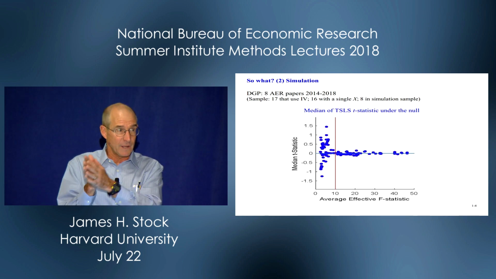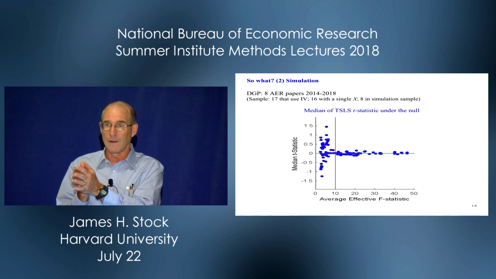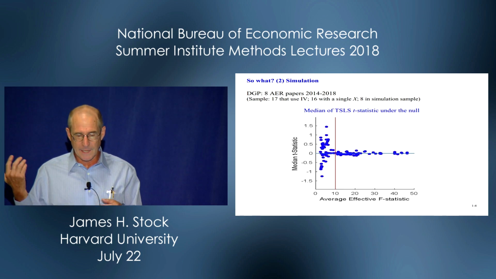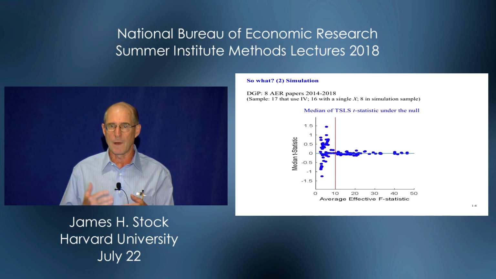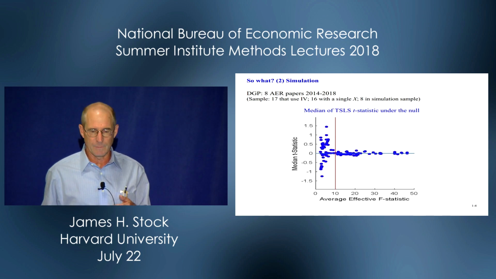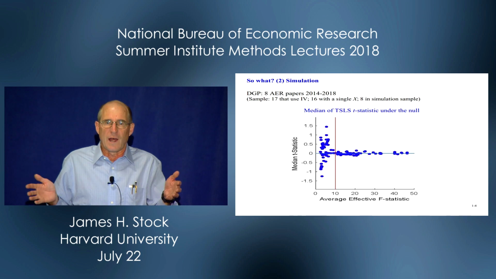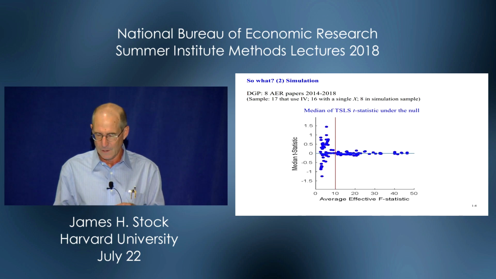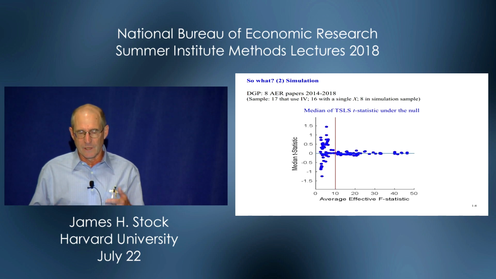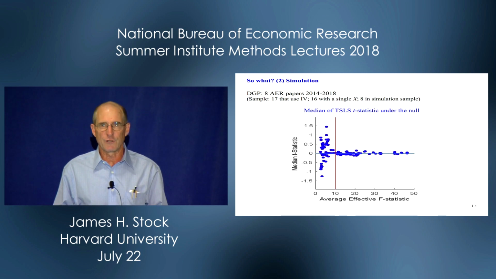A t-statistic centered around 1 is off by a lot. But if you've got pretty big first stage Fs, 40, 50 in population, then things seem to be, at least in terms of centering, in the right place. This isn't talking about size or anything. And then the relevant question is, how much of this do you actually find in empirical work?